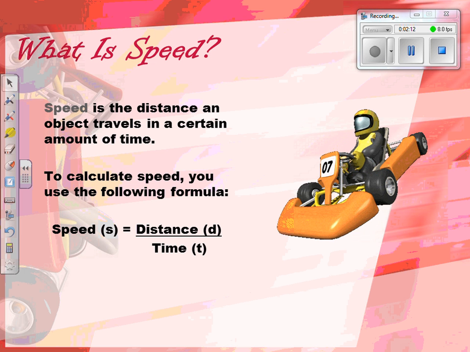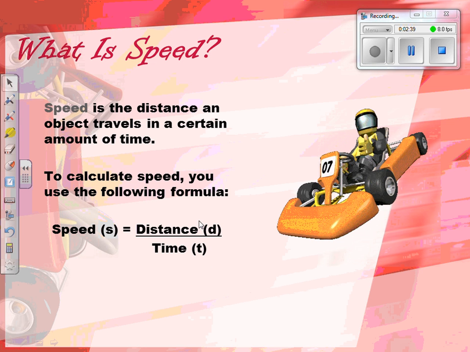For instance, if I drive from Oklahoma City to Tulsa, that's a distance of 100 miles, and I do it in 2 hours. To calculate the speed I had, we use the formula: speed, s, is equal to the distance divided by the time.